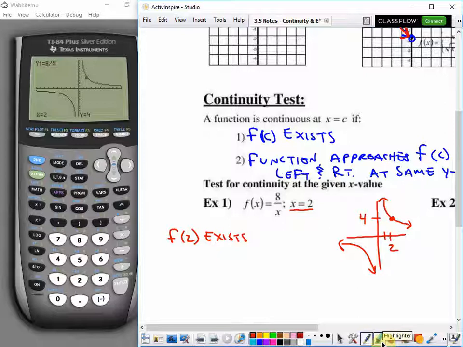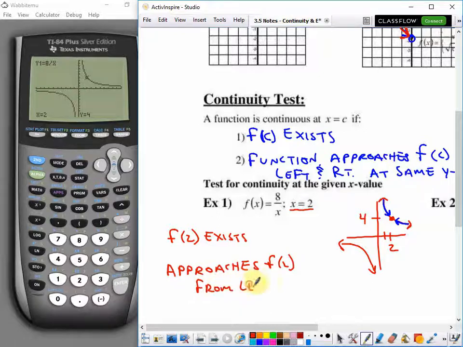The second test is whether or not the graph actually approaches that particular point from the left and the right at the same y value. I see it approaching here from the left and here from the right at the same y value. So I would say this function approaches f of 2 from the left and the right. And it does so at the same y value, so this is continuous at x equals 2.